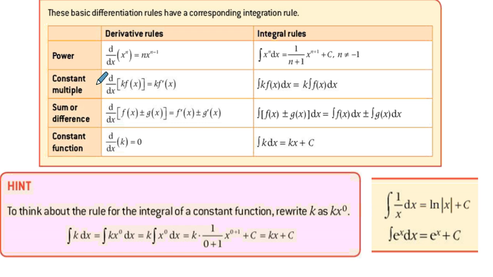If I have a constant times my function, when I take the derivative, I can pull that constant out and then take the derivative of that function. Same thing works with integration. If I have a constant times a function, pull that constant out, integrate, and then multiply by that k value. If I'm looking at sums or differences, when I do derivatives, I take the derivative of each individual function.